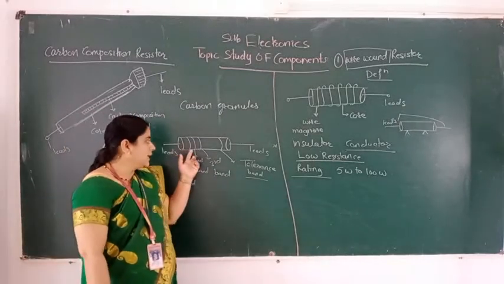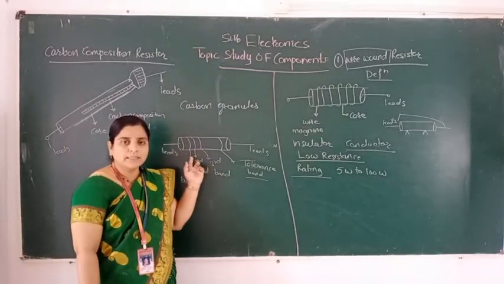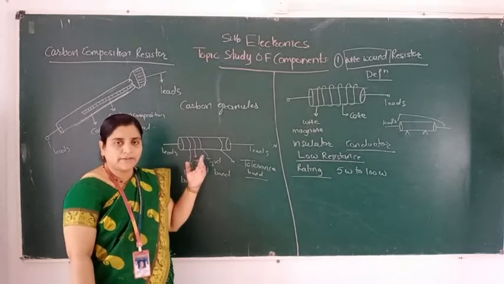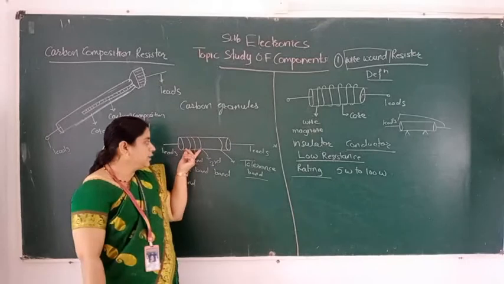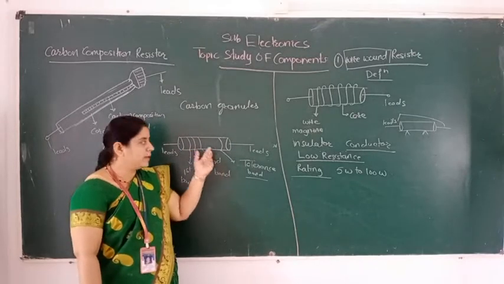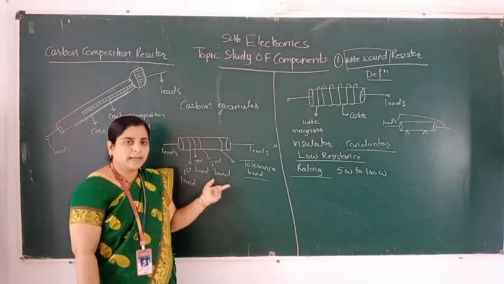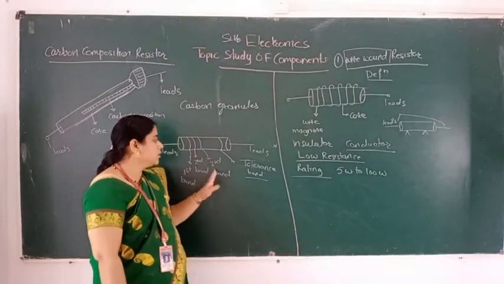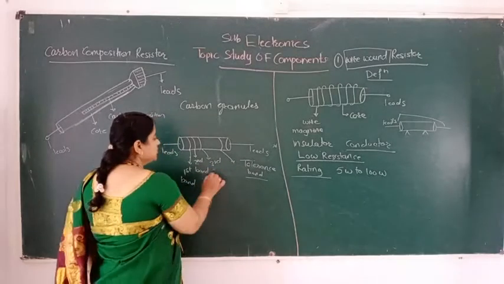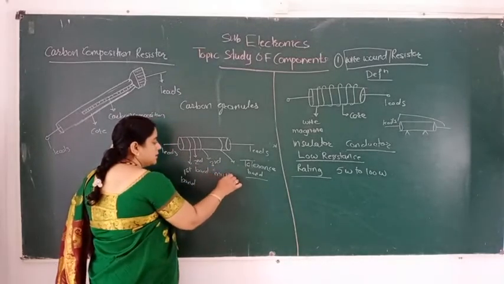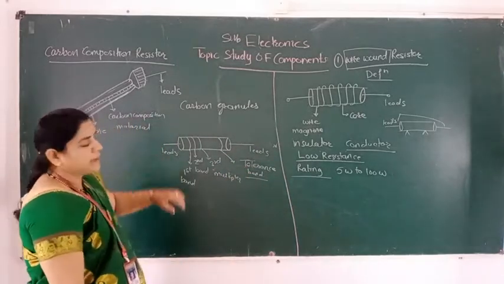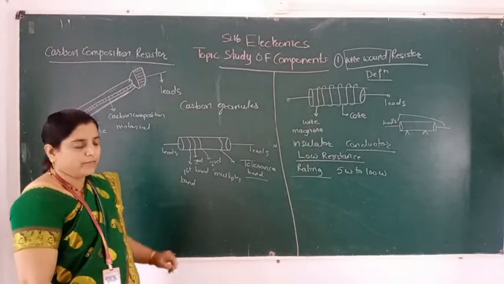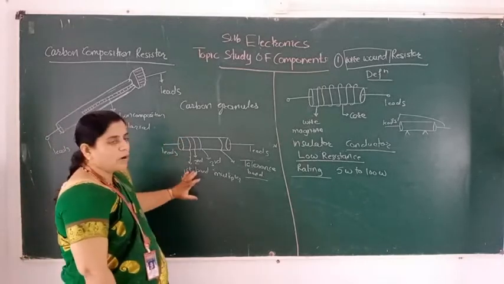So if it is red, black, brown, how much is the value for red, for black, for brown? According to that you take the value and multiply. The third is not a color band, it is the multiplier. That you will see next. After this film type resistor, we will see the color band of resistor. This is the symbol only.